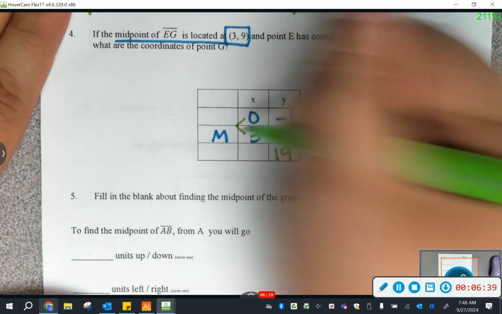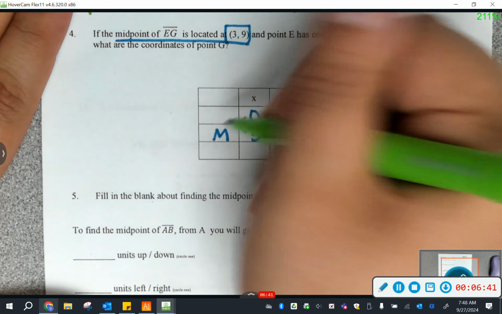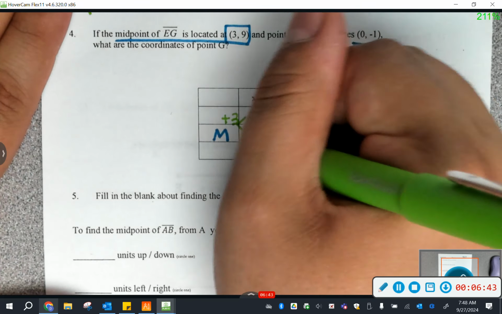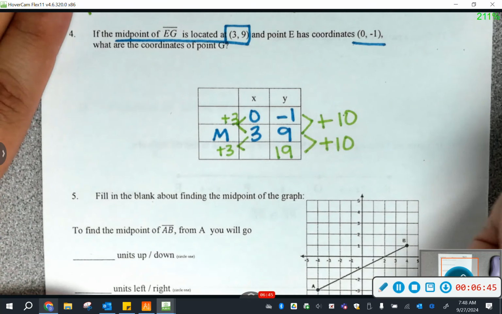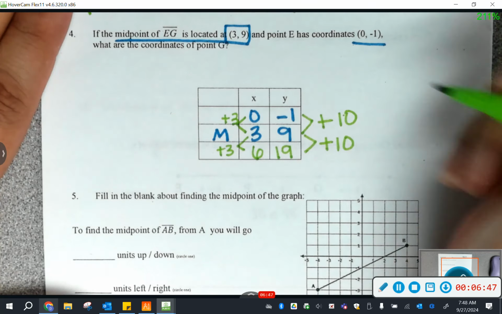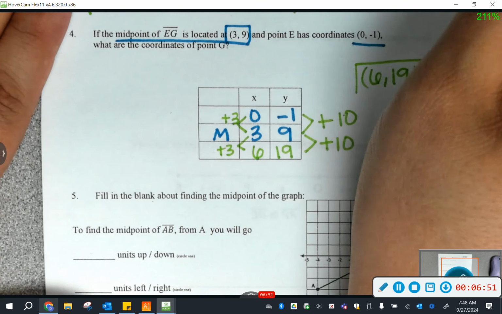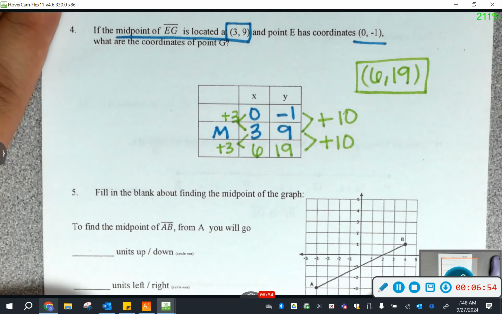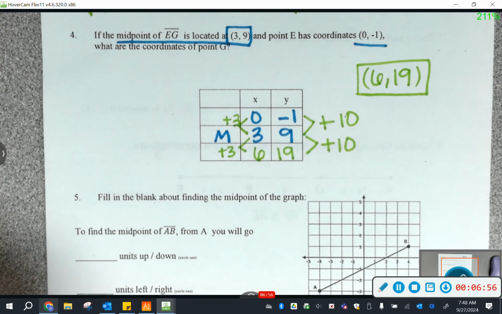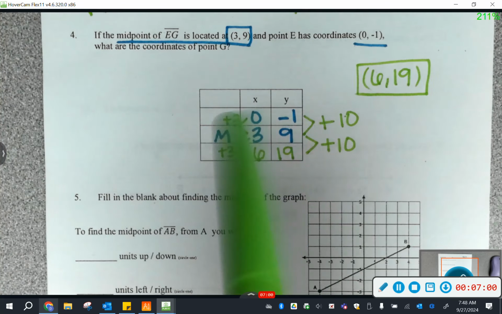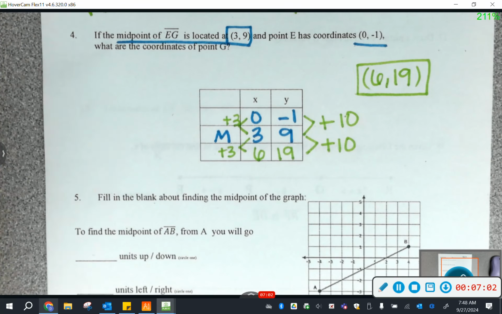What about 0 to 3? How do I get from 0 to 3? So if I plus 3 again, so my answer is 6, 19. If it tells you to hint, make a table, you put the midpoint in the middle. That's the biggest mistake I see people make.